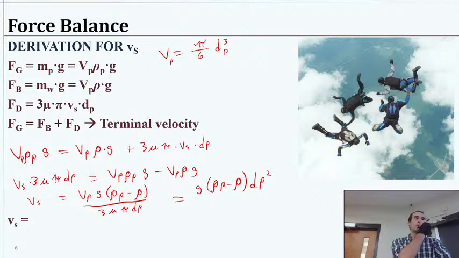That's coming from the volume as a cube, but dividing it by the dp that was on the bottom here, so that will get canceled. And on the bottom, the pi on top will cancel with the pi down here on the bottom, so no pi anymore. We'll have it divided by 6, and we'll multiply that by the 3, so we'll get 18. And the only thing left here is the mu, the dynamic viscosity of water. So this is our derivation of Vs.